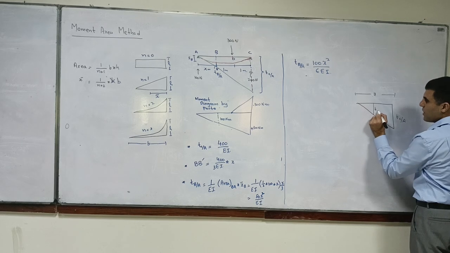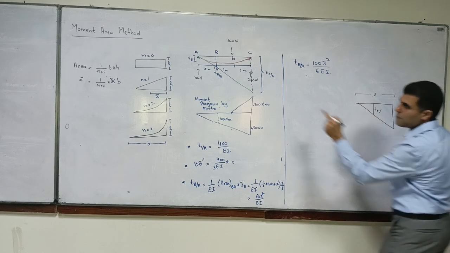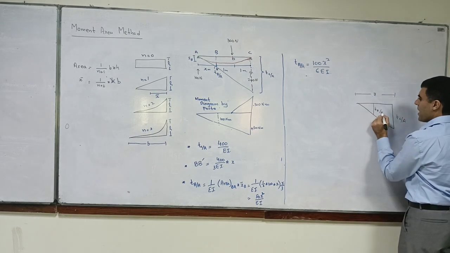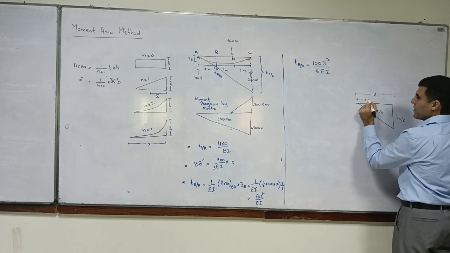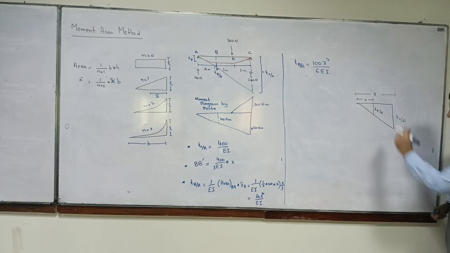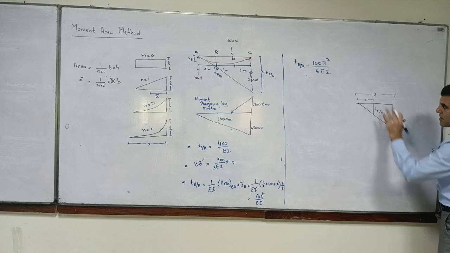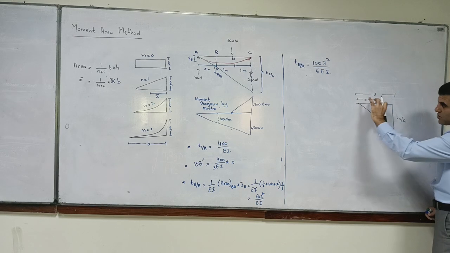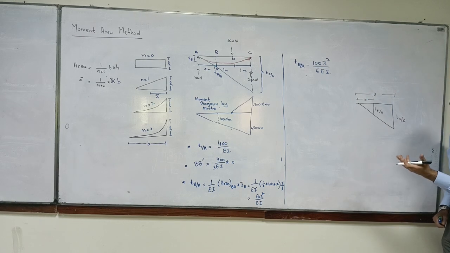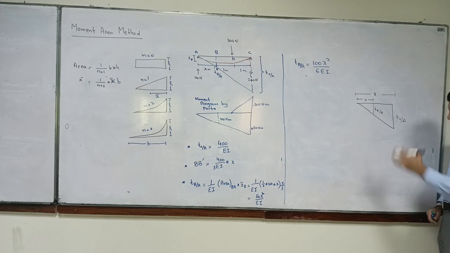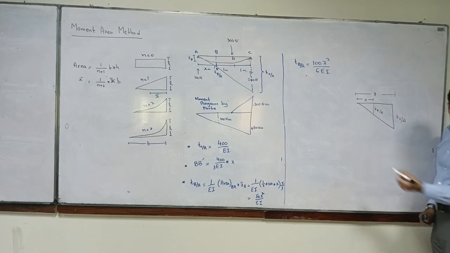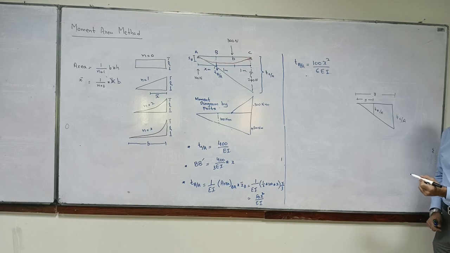And this is now TB by A, and this is X. So TC by A by 3 is equal to TB by A by X. So this 3 will exist. It's only this thing which will change. Got it? Any question?